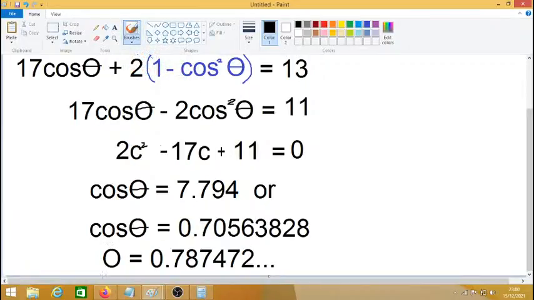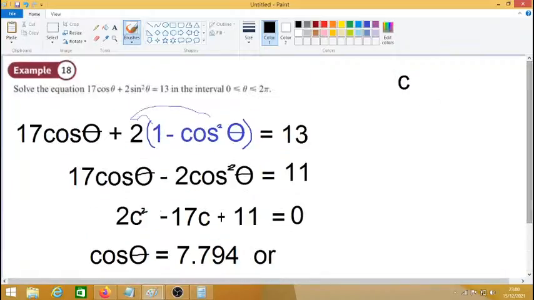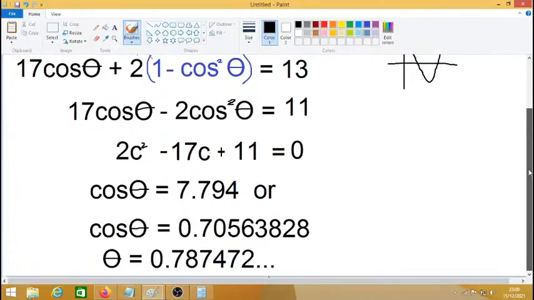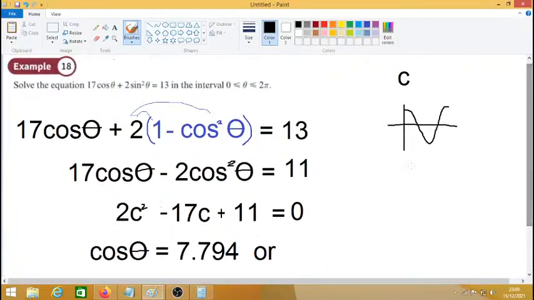Okay, now that's your first angle, but don't stop there because the cosine graph, as we saw in the previous lesson, comes down and then back up, and then it cycles like that. So when you hit the first value of theta, it'll hit it again because it's going down and then back up again.